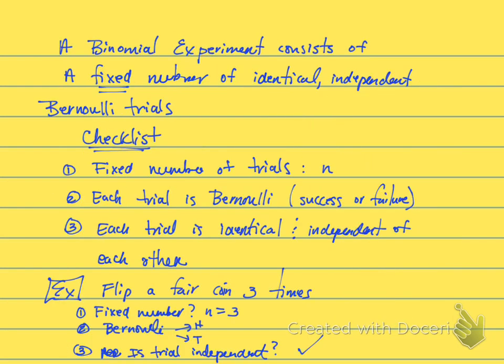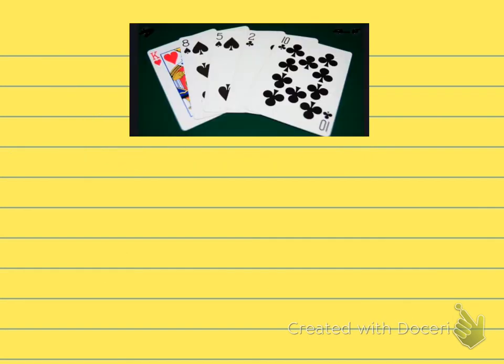Onward. So we're going to develop those things with an experiment. I'm going to go back to this picture. Let's say we have these 5 cards. We shuffle them up and we randomly pick one. Let's let success be picking a king.